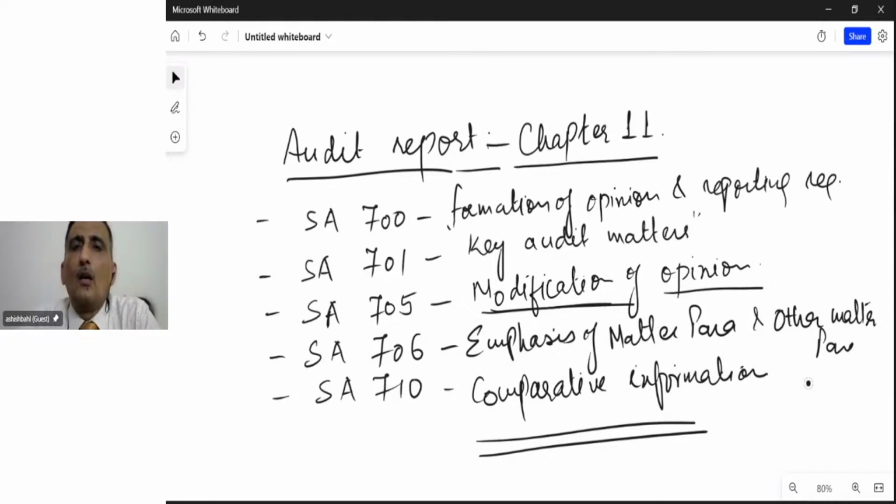So by performing all the audit procedures in accordance with the SAs, what does the auditor obtain? Tell me, the auditor has performed all the procedures as are required in the SAs, a few of which I have named to you. What has the auditor got during this whole process?